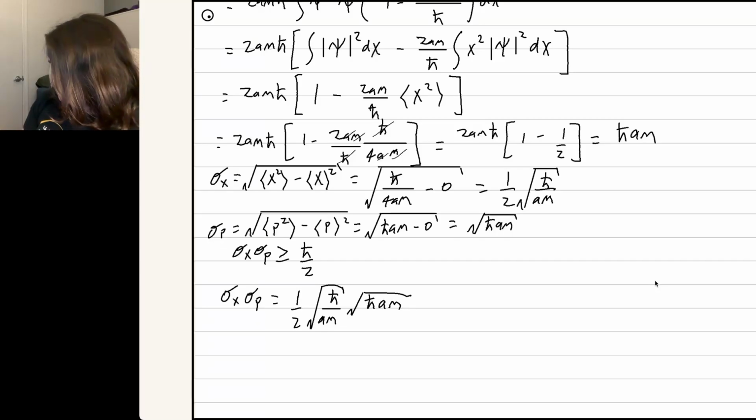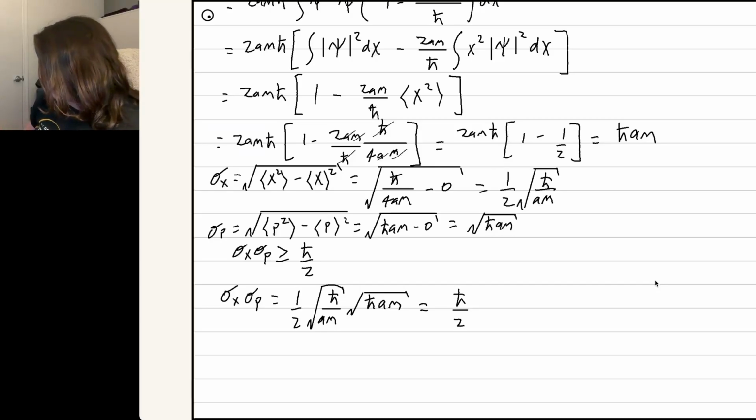The am stuff will cancel out. You'll end up with the square root of h bar squared. So it's exactly equal to h bar over 2. So it just barely conforms with the Heisenberg uncertainty principle. All right.